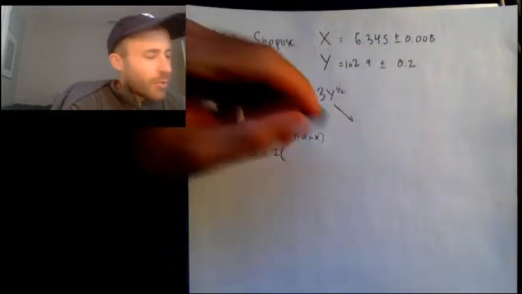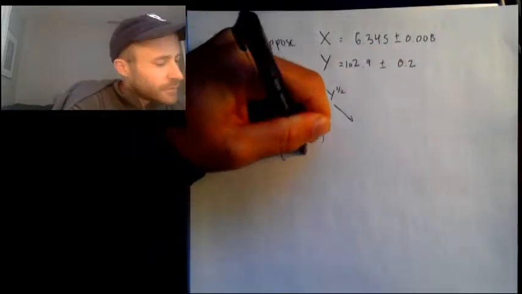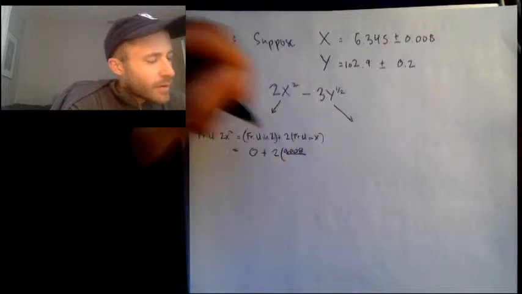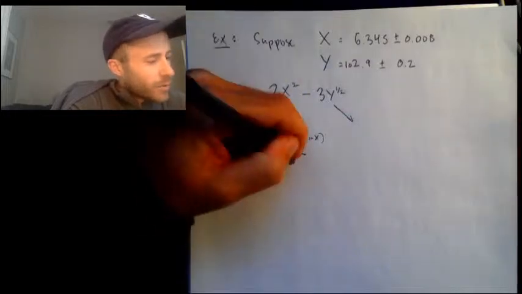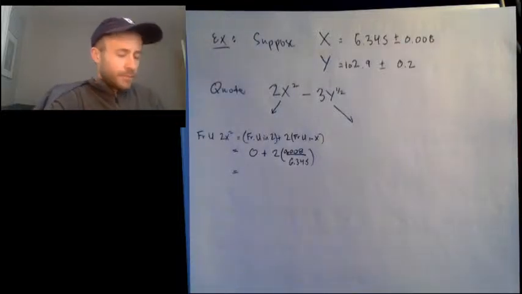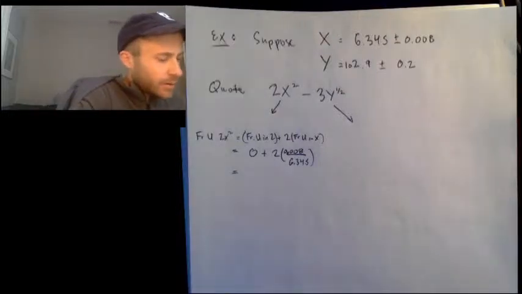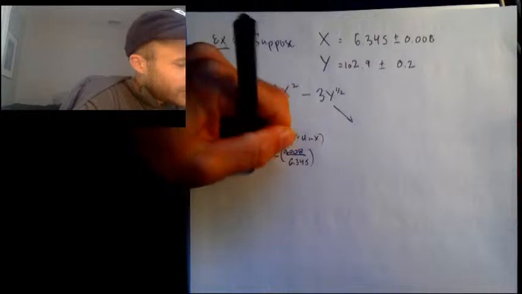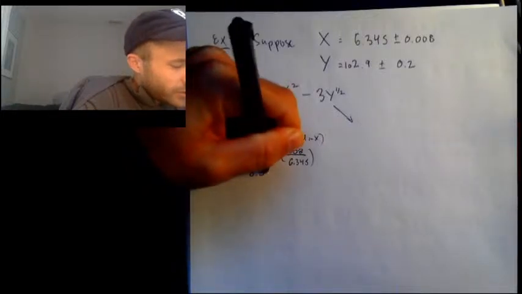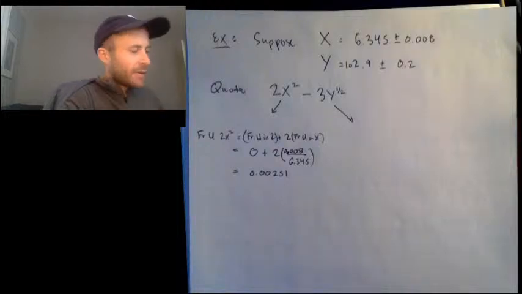That's going to be 0.008 divided by 6.345. So this is 0.00251. Okay.